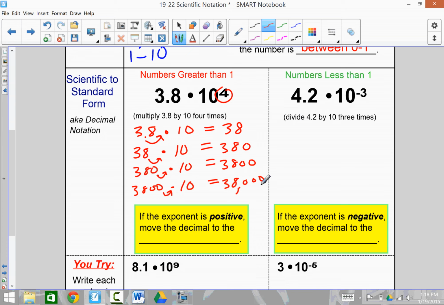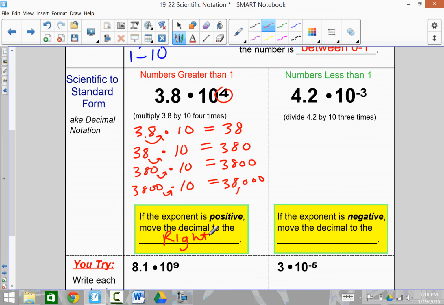If you punch this into a calculator, it's going to say 38,000. So if the exponent is a positive exponent, notice it's a positive 4, you're always going to move the decimal to the right, because we made our number bigger.